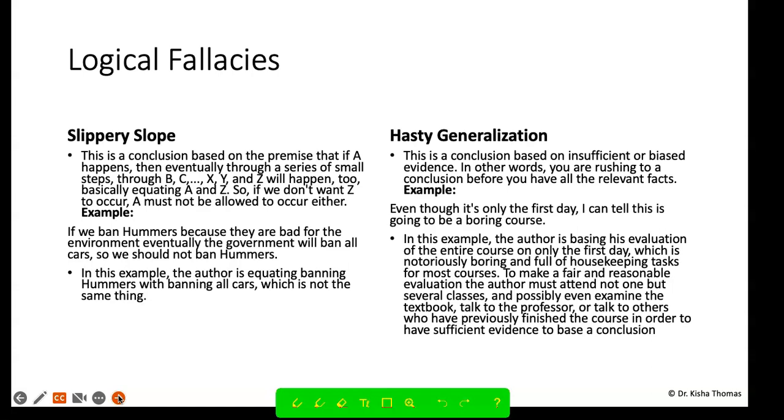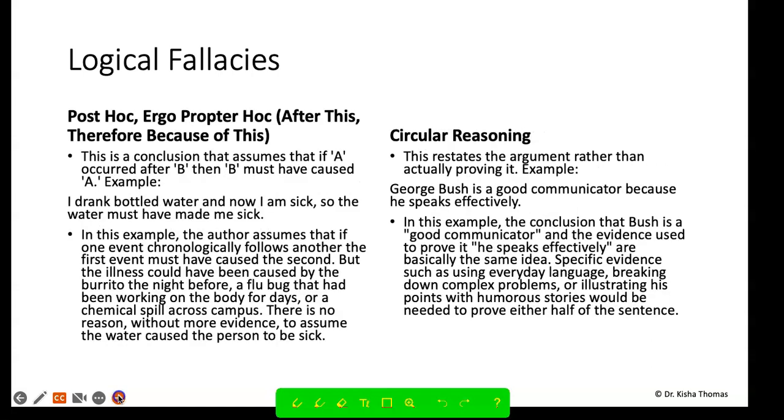In this example, the author is basing his evaluation of the entire class only on the first day, which is notoriously boring and full of housekeeping tasks for most courses. To make a fair and reasonable evaluation, the author must attend not one but several classes and possibly even examine a textbook, talk to the professor, or talk to others who have previously finished a course in order to have sufficient evidence to base a conclusion.